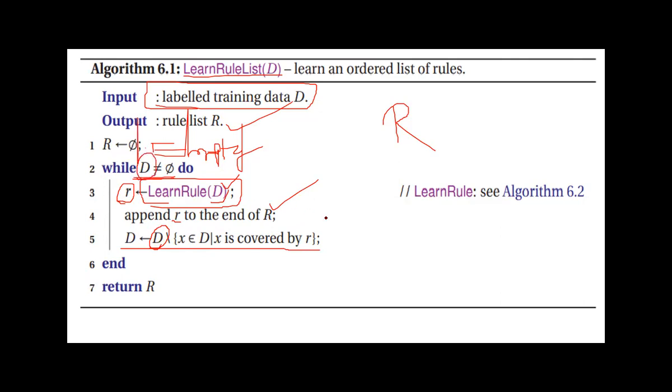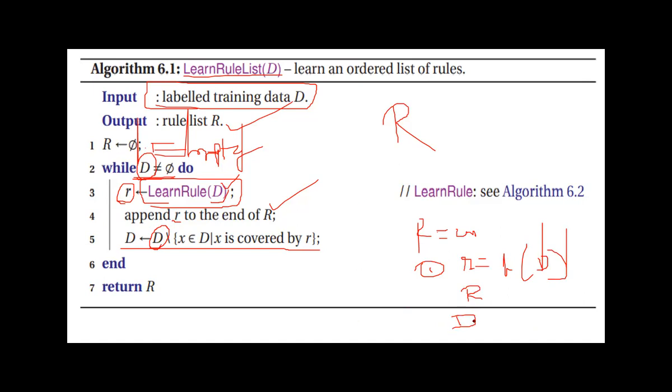See here, very simple, my dear friends. First, R is equal to empty. Now first step is small r is equal to get rule or learn rule of D. Learn rule of D. Append it to capital R. Remove D from D. Remove the data from D. That's it.